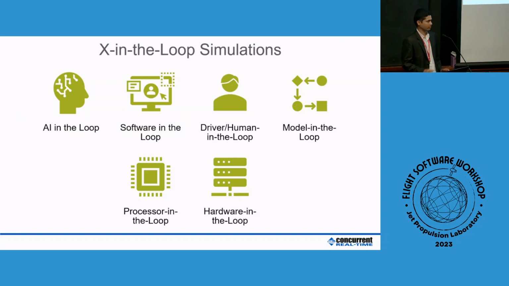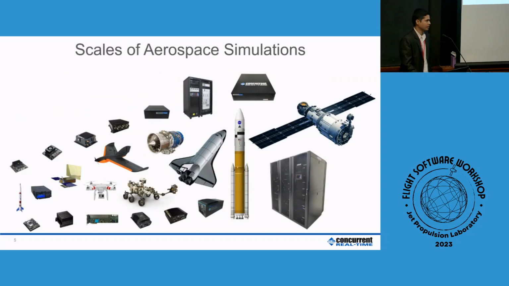You can have your physical models in the loop, you can have processors in the loop, and full-fledged hardware in the loop. And by scale, I mean from very small physical models up to a massive scale space station. What kind of solution do you want? We have solutions available for all kinds of simulation. We start with a very small dual core, TX2 like system up to 224 cores of CPUs.